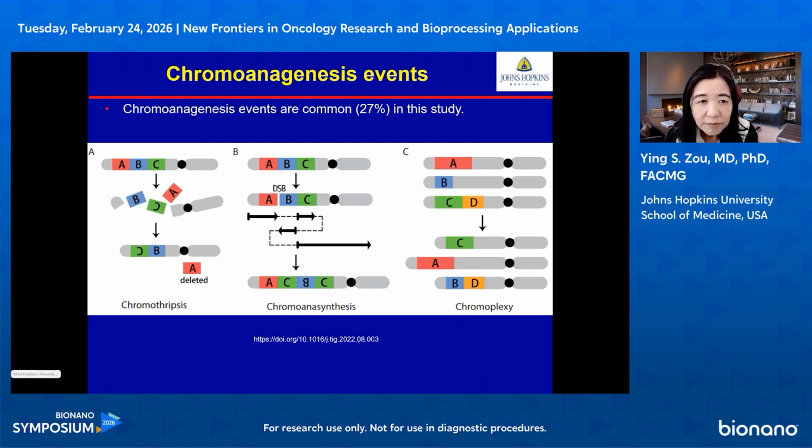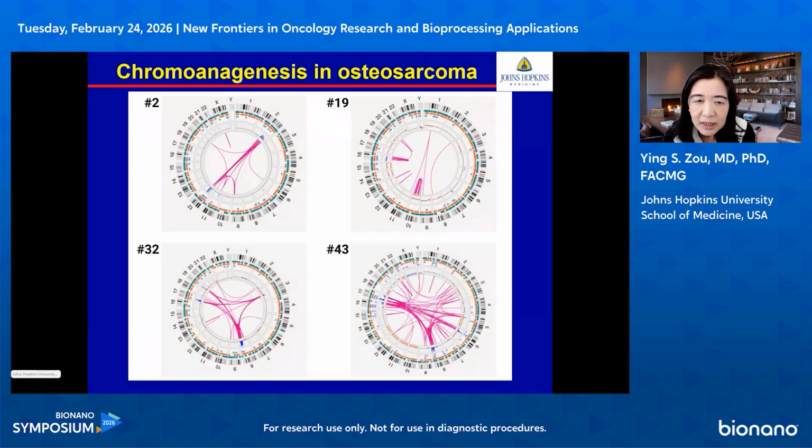Chromoanagenesis events are very common in this study, occurring in 27% of the cases analyzed. There are different mechanisms that can lead to chromoanagenesis events, including chromothripsis, chromoanasynthesis, and chromoplexy. In our study, about 1/4 of the cases showed chromoanagenesis, with chromosomes 8, 16 and 17 most frequently involved in osteosarcoma.